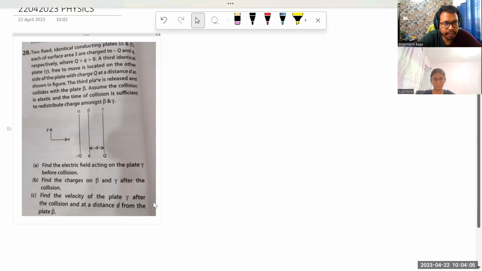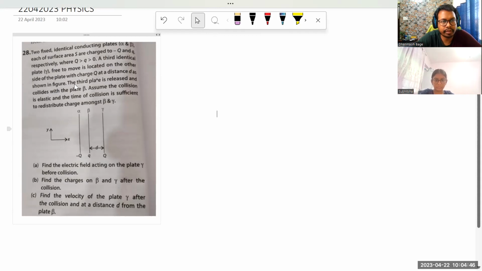Find the velocity of the plate after the collision and at a distance t from the plate B. Two fixed identical conducting plates alpha and beta, charged to minus Q and plus Q, and a third plate is located on the other side of the plate with charge plus Q at a distance t.